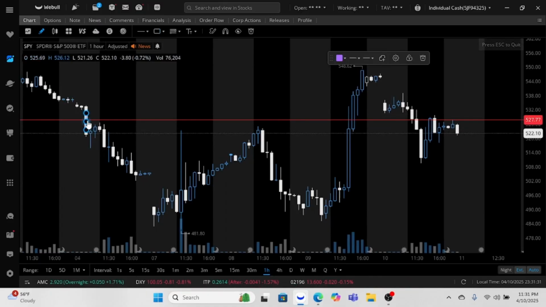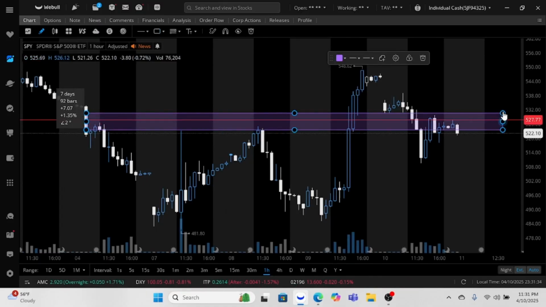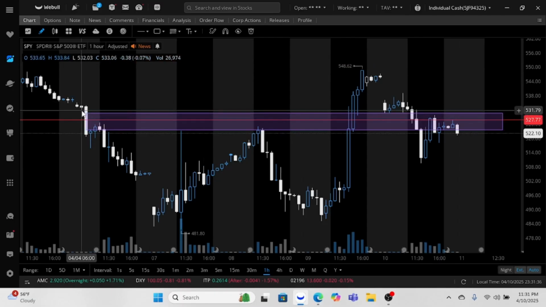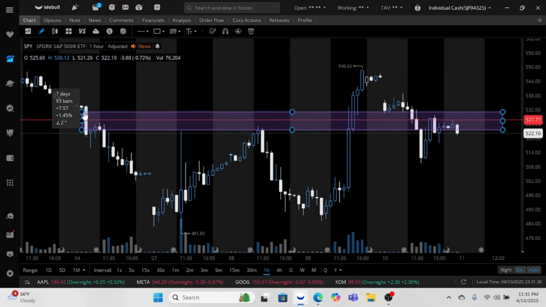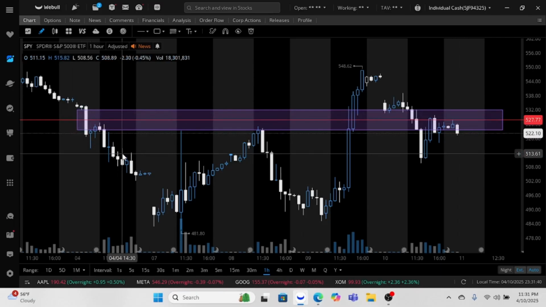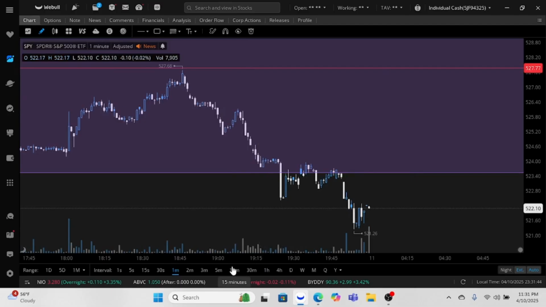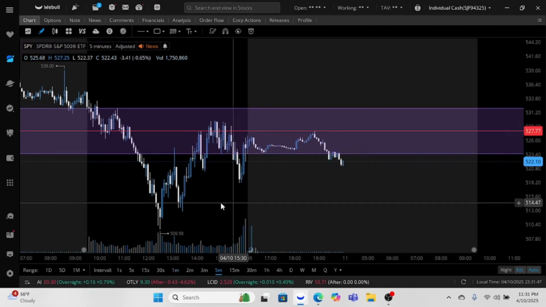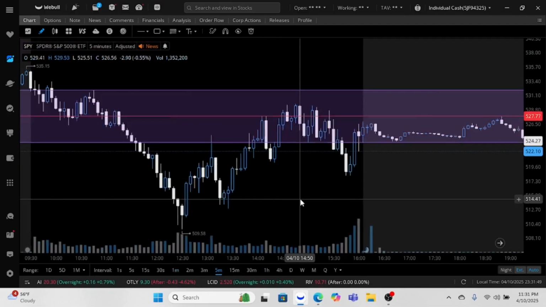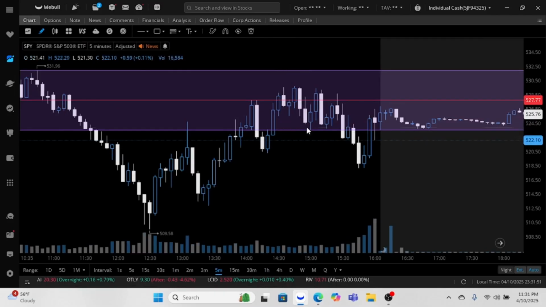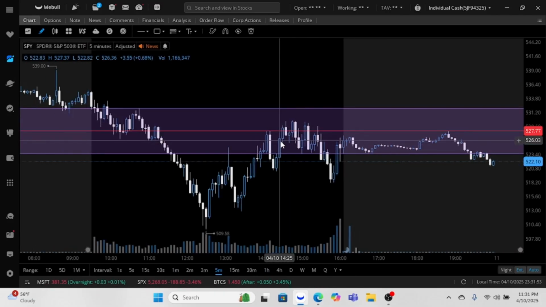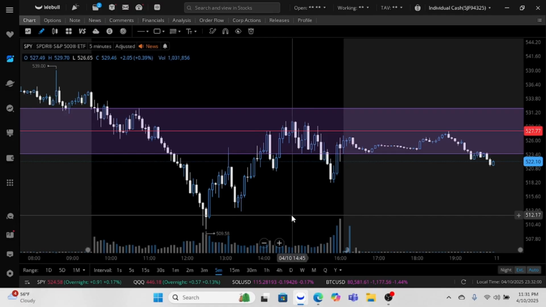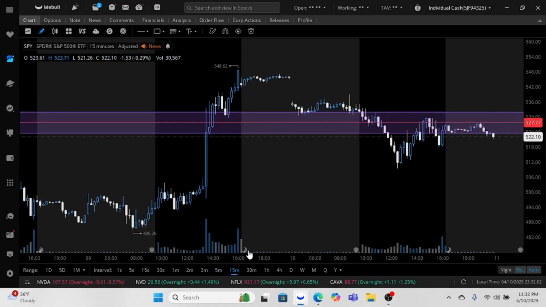So we have a fair value gap right here. So look where price stopped at. It came up in that fair value gap. So yeah, that would have been probably a good area to be expecting a reversal.